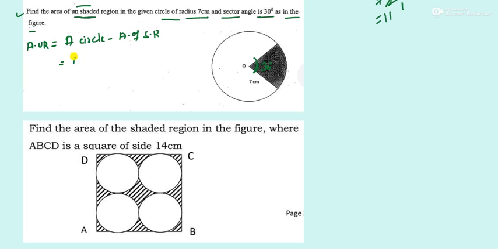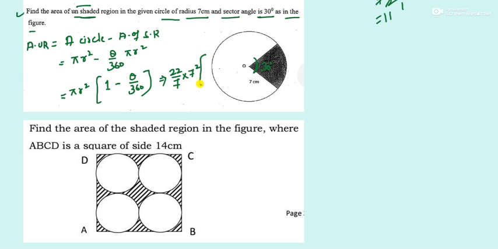So what is the area of the circle? It is pi r square minus, this is theta by 360 into pi r square. Correct? So pi r square is common. Let me take it out. Here you will get 1 minus theta by 360. Right? So after solving this, we can write here pi as 22 by 7 into 7 square and 1 minus theta is 30. So 30 by 360. If you do this, you'll get 1 by 12.